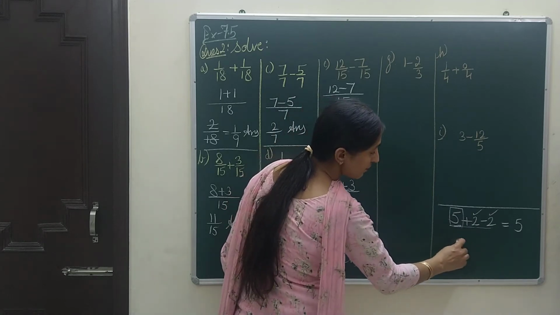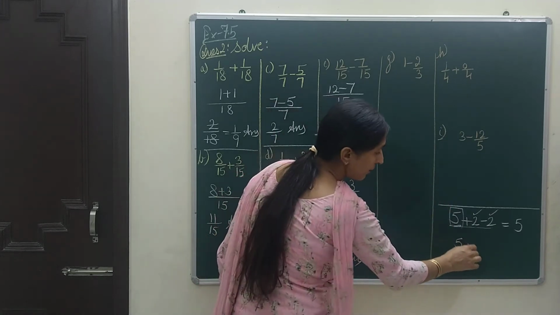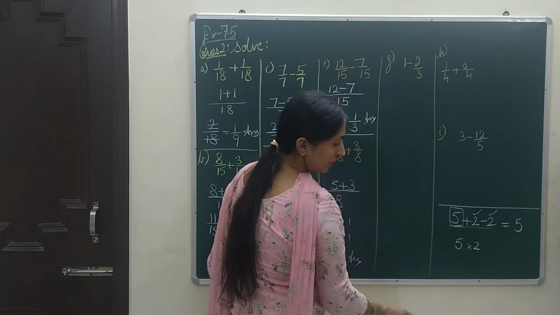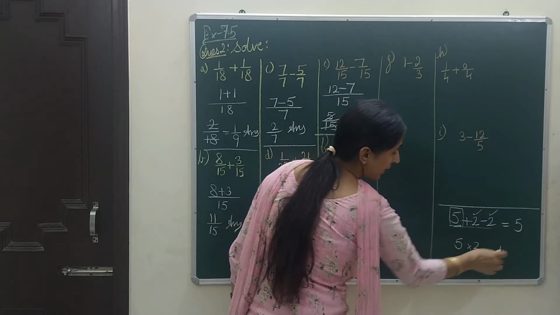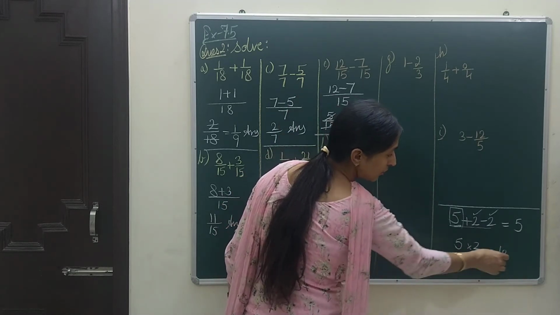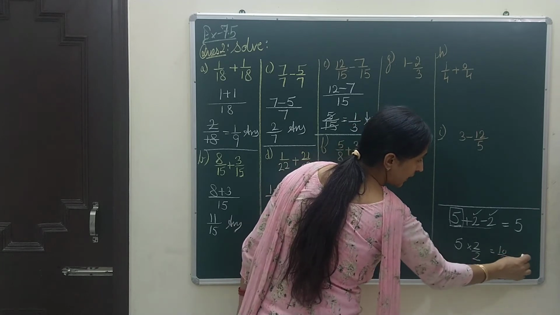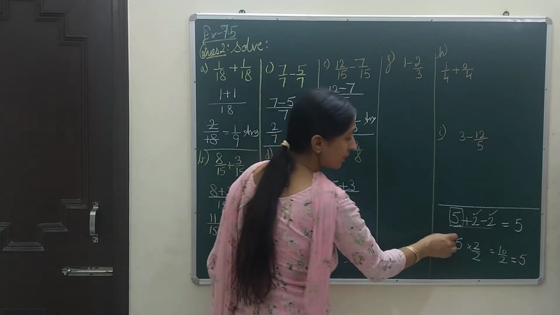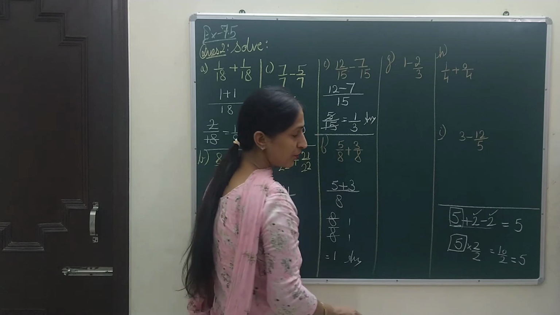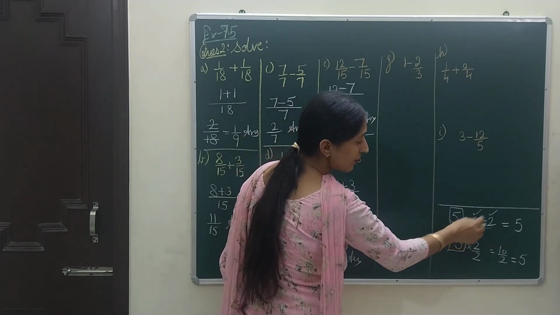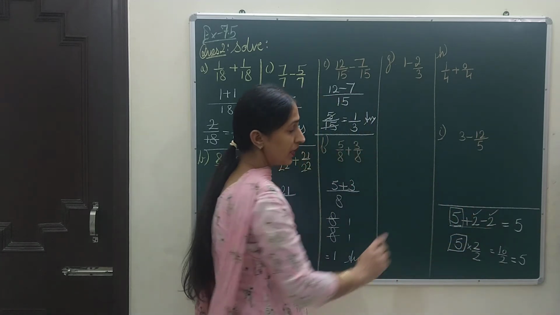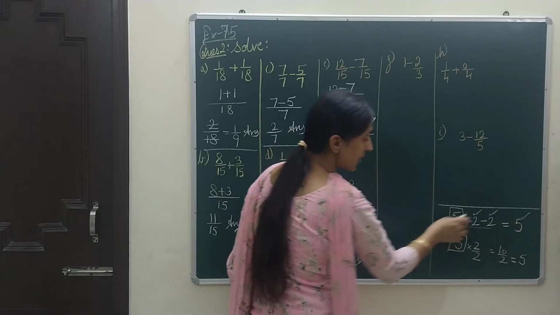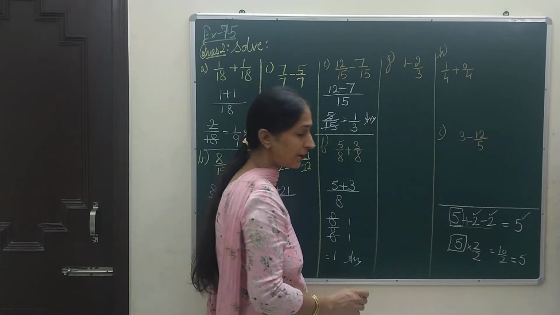In the same way, if there is some number 5, I multiply that number by 2, it will be 10. And then I divide by 2, what do I get? I get 5 again. So whenever a number is given to you and you are adding the same number and subtracting the same number, the result is the same as the number was in the beginning.